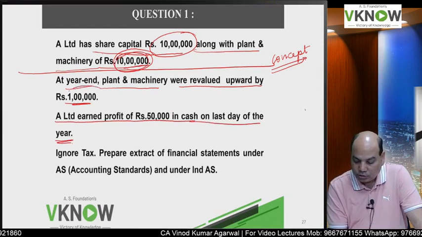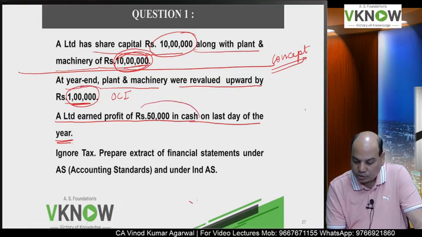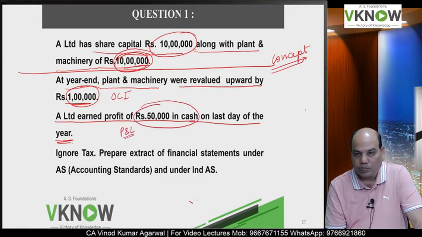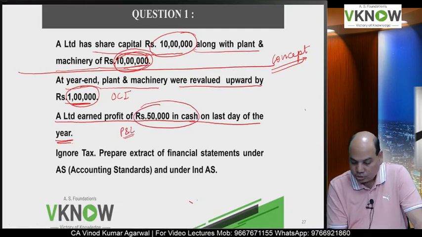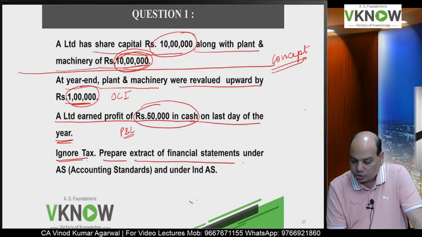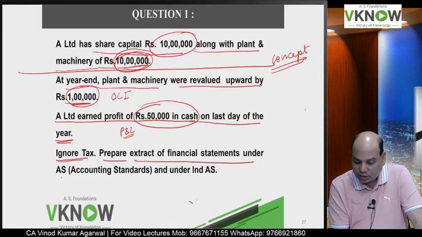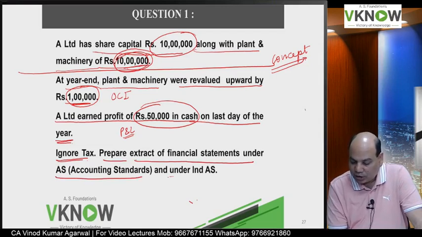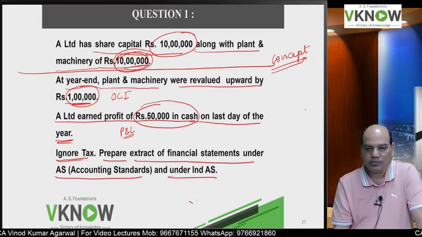So this revaluation of plant and machinery will be shown in OCI, but this profit earned from your day-to-day operation will come in the first part called profit and loss. To keep the matter simple, ignore taxation, and prepare an extract of the financial statement as per accounting standard and as per Ind AS.